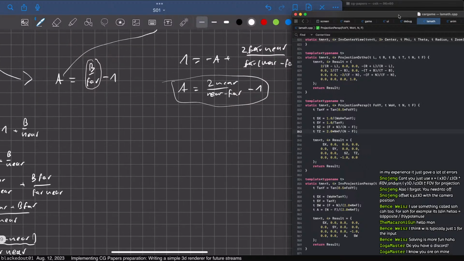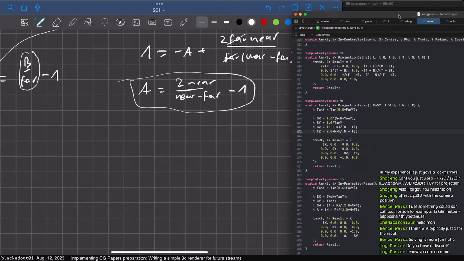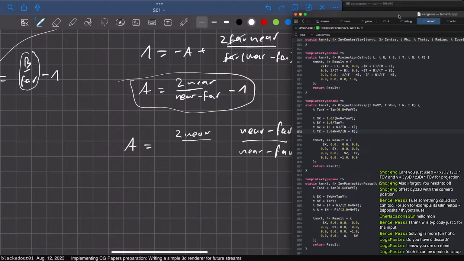Okay, but let's finish this here right now. So we can expand this. Okay, 2 near minus near plus far, near minus far.